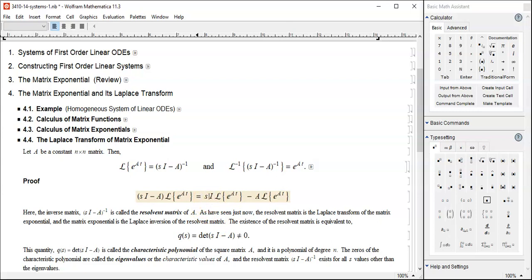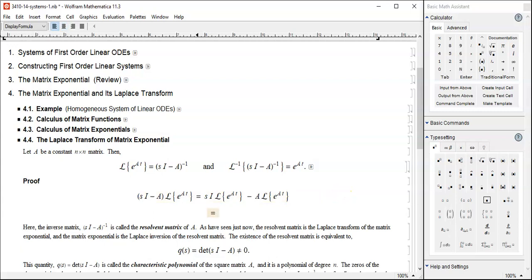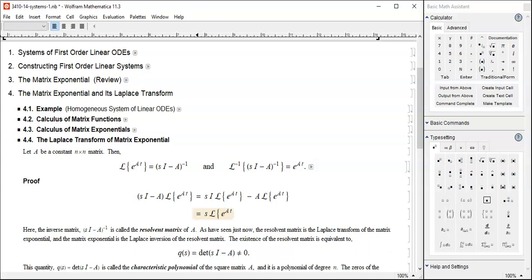Let's keep it here. Let's remove it in the next step. So s times Laplace transform of e to the At power. And then the Laplace transform is linear, so I can slip in this matrix multiplication here.